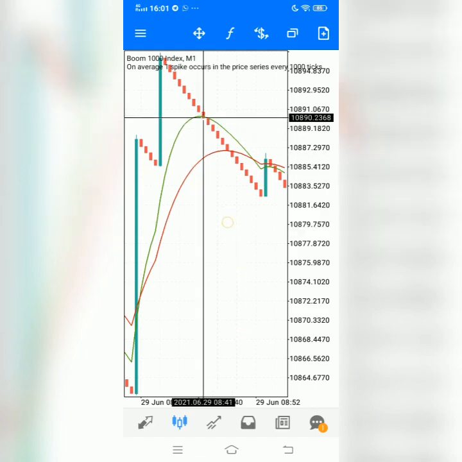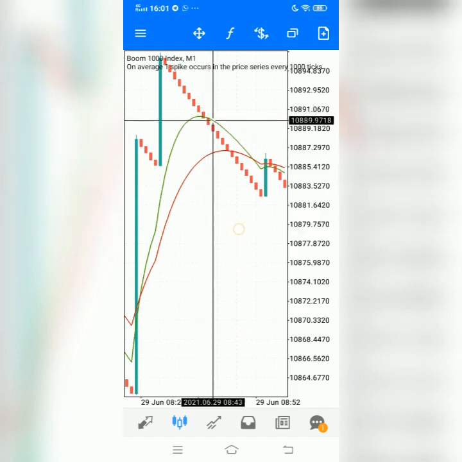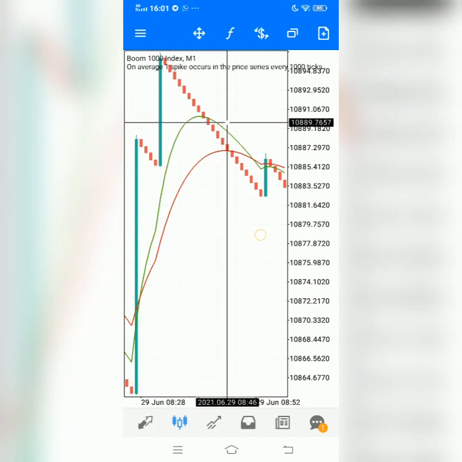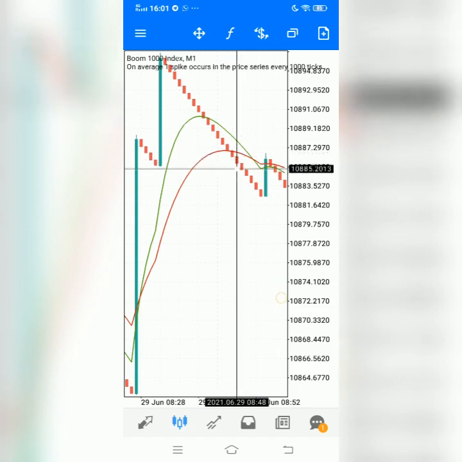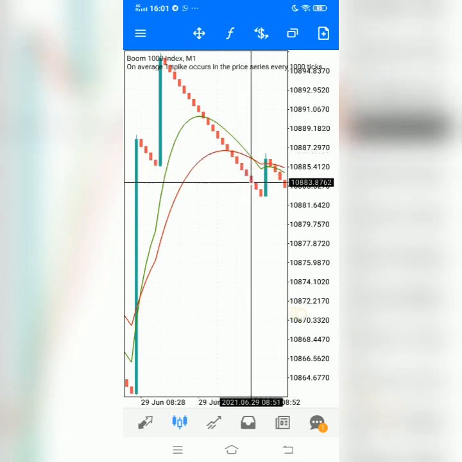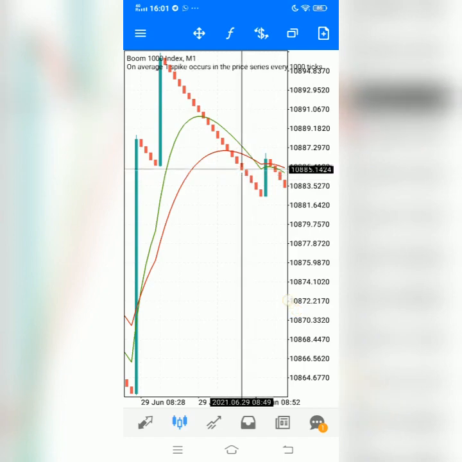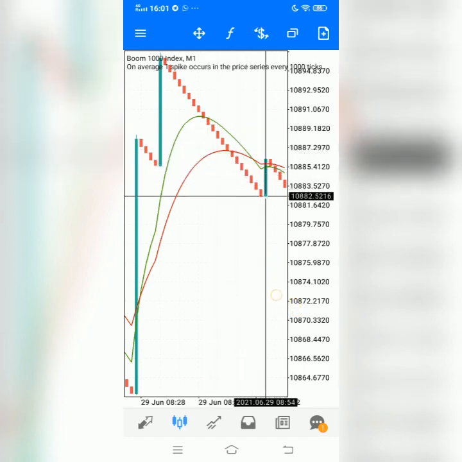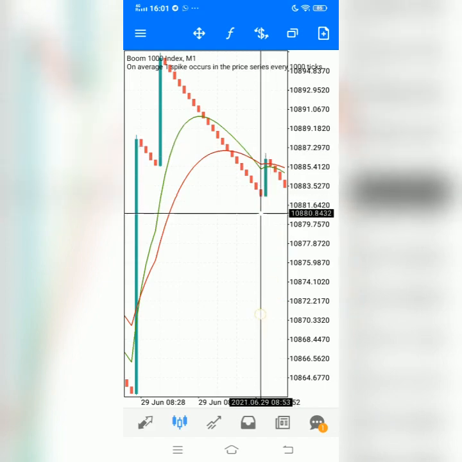So here we would have entered 1, 2, 3, 4, 5. Over here we enter our second position, 1, 2, 3, 4, 5, and we would have lost that trade. 10 candles, we would have lost that trade because the spike has occurred, but that was a minor spike.